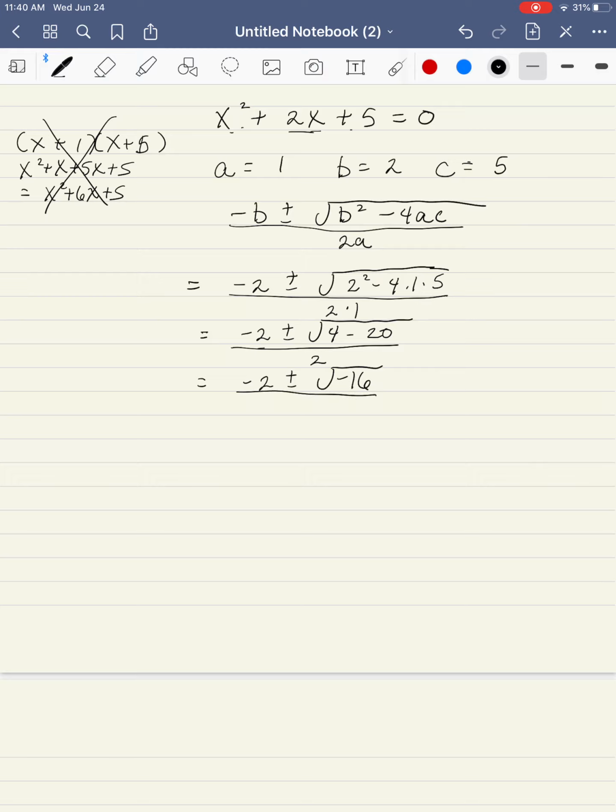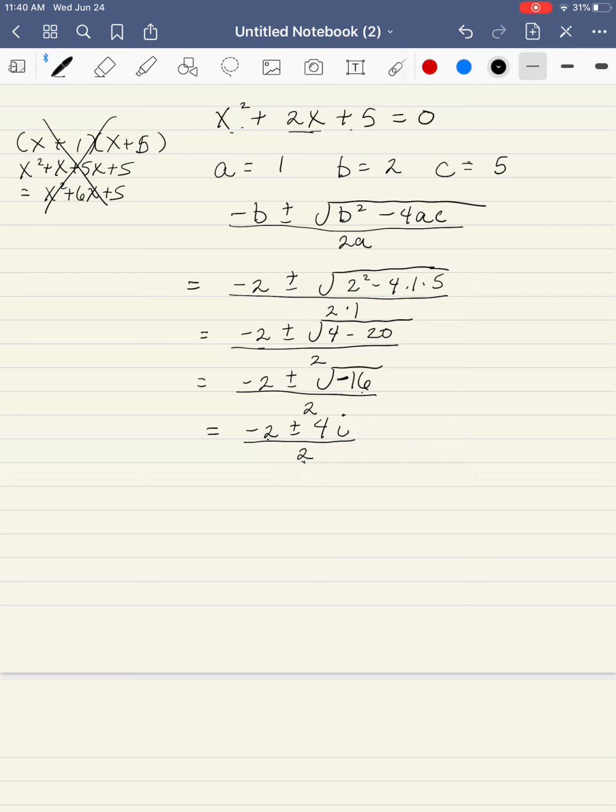4 times 1 times 5 is 20, over 2. The square root of 4 minus 20 is the square root of negative 16. All right, when I have this negative under the square root, that tells me I have an i, an imaginary number.